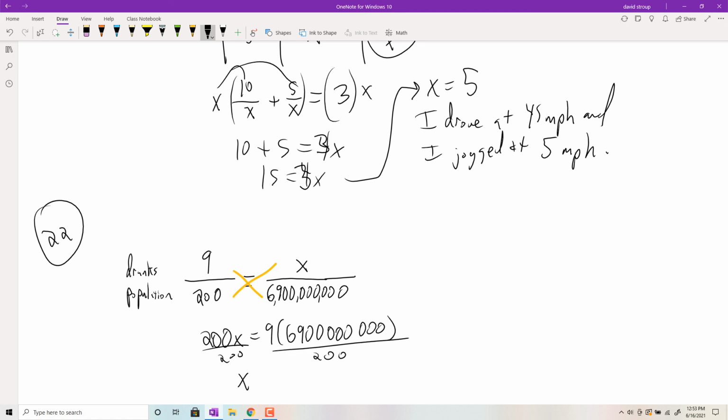Hopefully my calculator will be happy with giving me an answer. Let's see what it says. 9 times 6900000000 divided by 200, and it gave me an answer, and I'm using the TI-30X. 310500000.